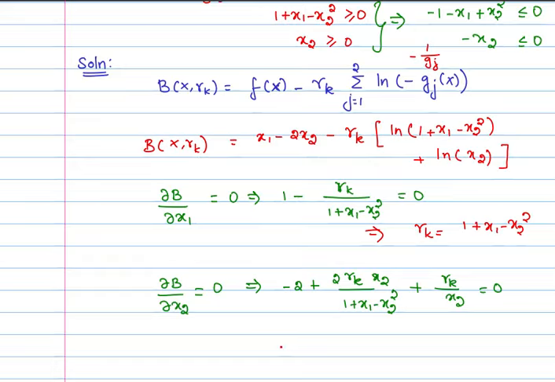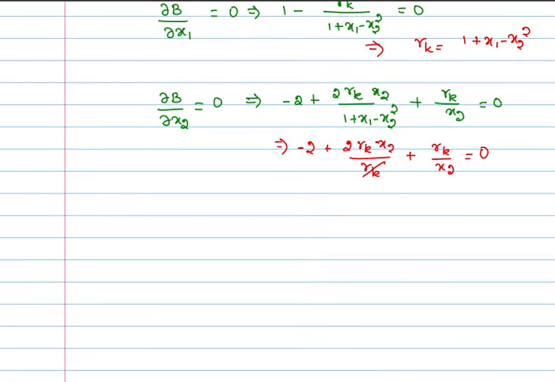From this, it implies minus 2 plus 2 times rk times x2 divided by rk plus rk divided by x2 equal to 0.